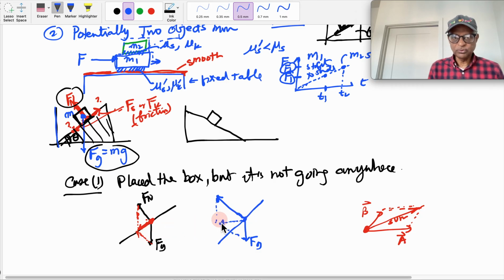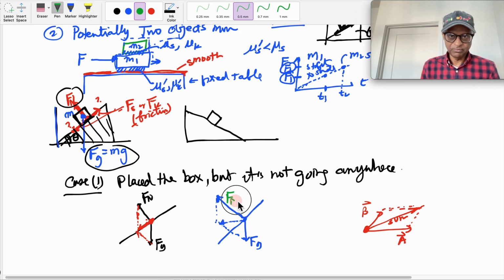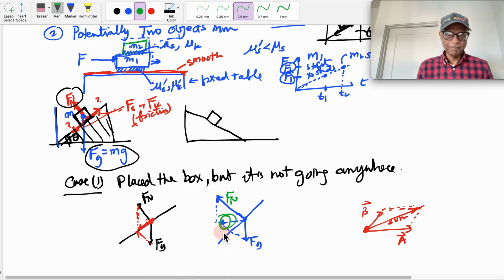But since I don't know which way it will be, we don't know that. So there will be a leftover force. Basically, if this is force Fn, and these are the only two forces, then this is leftover.